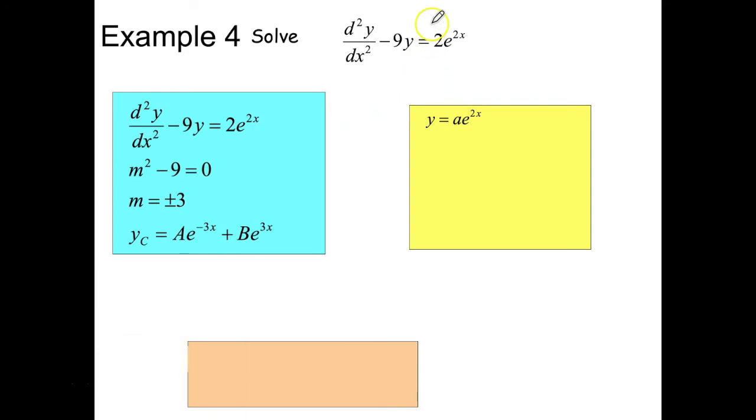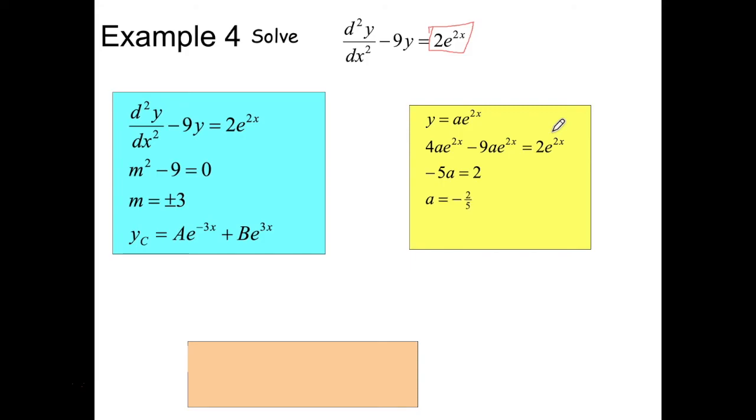And then since f of x here is an exponential function, we also have to state our particular integral to be exponential. And then we differentiate it twice and substitute in the original equation. And then we equate coefficients to get our value for a.